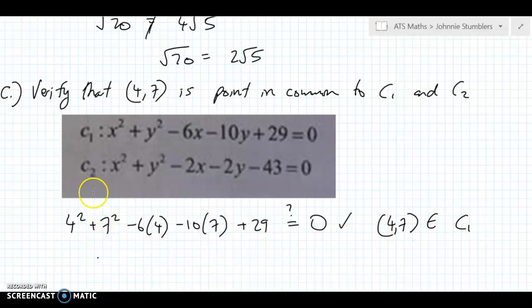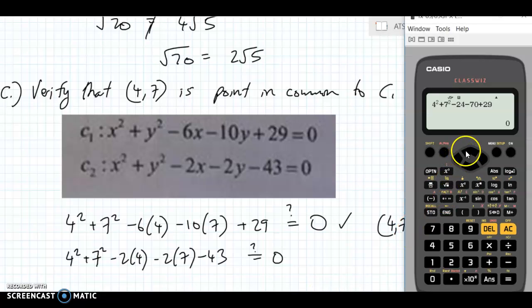And then we're going to do the same for C2. So you're going to have 4 squared plus 7 squared minus 2 times 4 minus 2 times 7 minus 43. Does that equal 0?